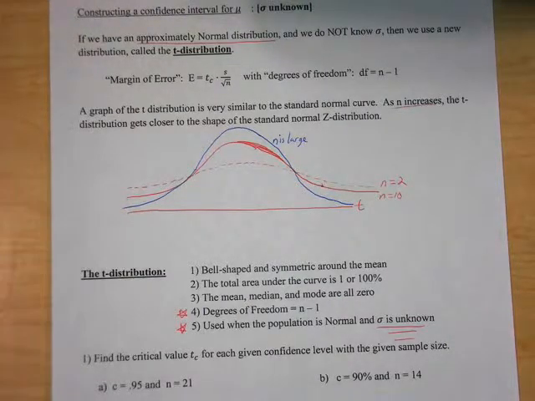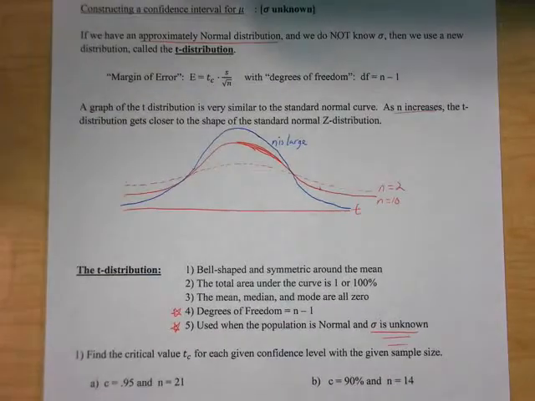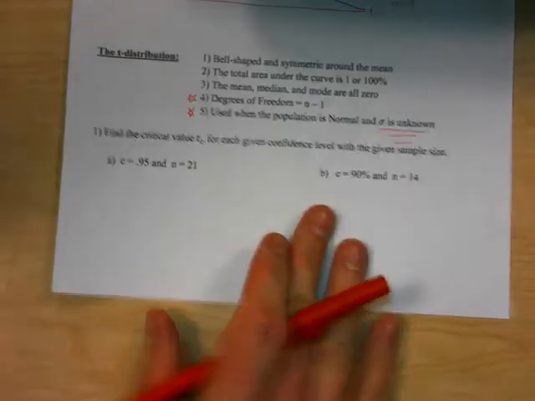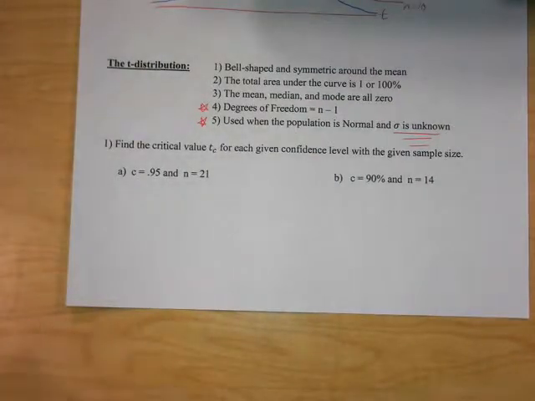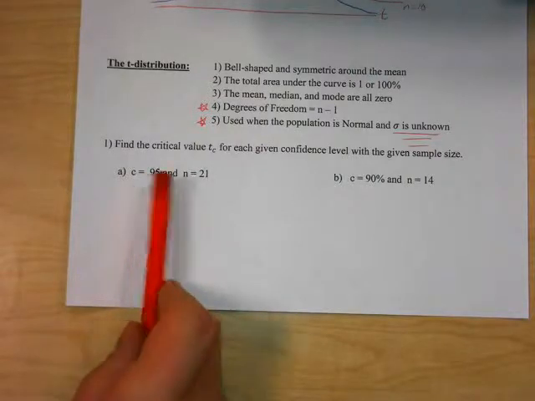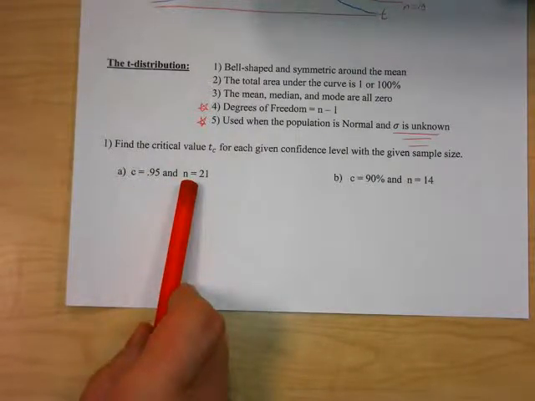Okay, so what we're going to do is look up in our tables a couple of the values. If we have to find a value for t sub c, suppose we want to find a 0.95 or 95% level of confidence and a sample size of 21.